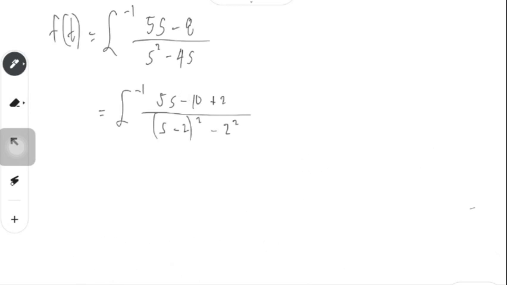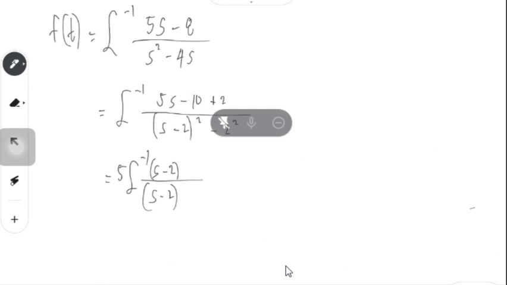S minus 2, s squared, twice the product minus 4s, the square of the last term, then minus 4. Then, according to you, pwede nating i-factor out yung 5. Tapos ito yung magiging (s minus 2) divided by (s minus 2) squared minus 3 squared.